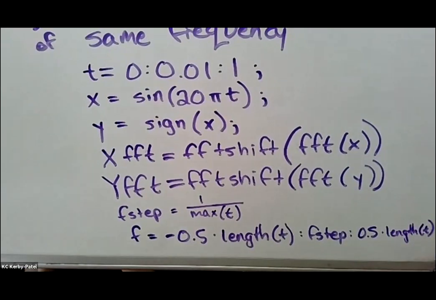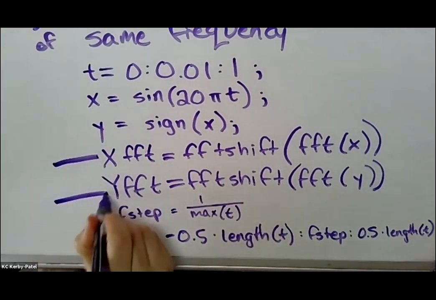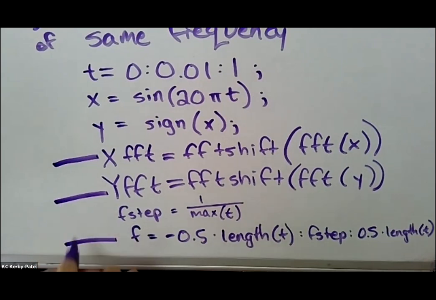Take a screenshot of this. You need it. Then make plots of these two things versus frequency. If I did this right, these should be the same length. These FFTs and this frequency variable should all be the same length, and then it should all just work.